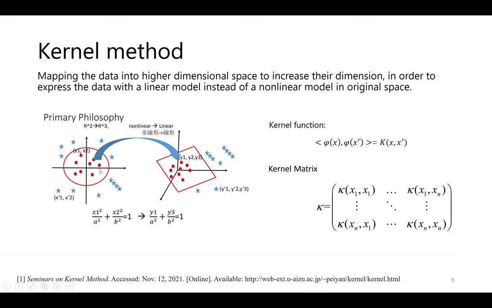While if we put this data into this space of dimension 3, we only need a plane to separate the dots and the stars. That is, we change a non-linear model into a linear model with easier calculation. This is the kernel method's theory.